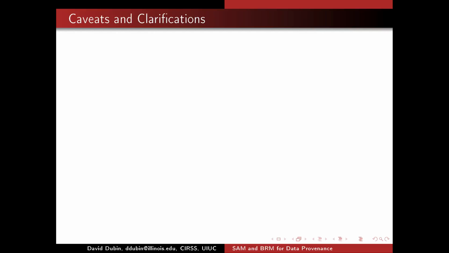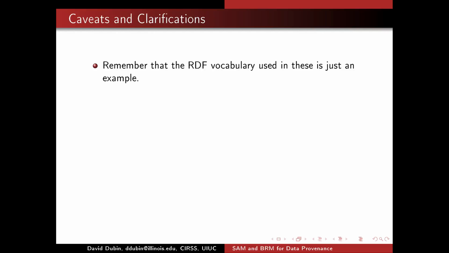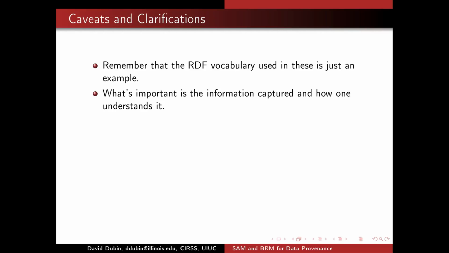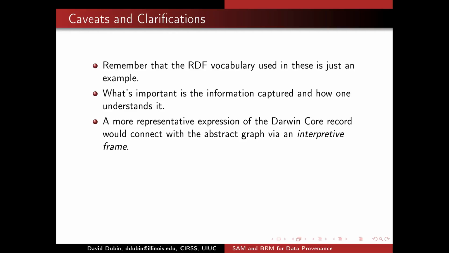So a couple of clarifications here. Remember that the RDF vocabulary used is just an example. What's important is the information that's captured and how one understands it. What we don't see is some other work we've done with our models clarifying our notion of interpretive conventions that govern the encoding relationships in BRM.